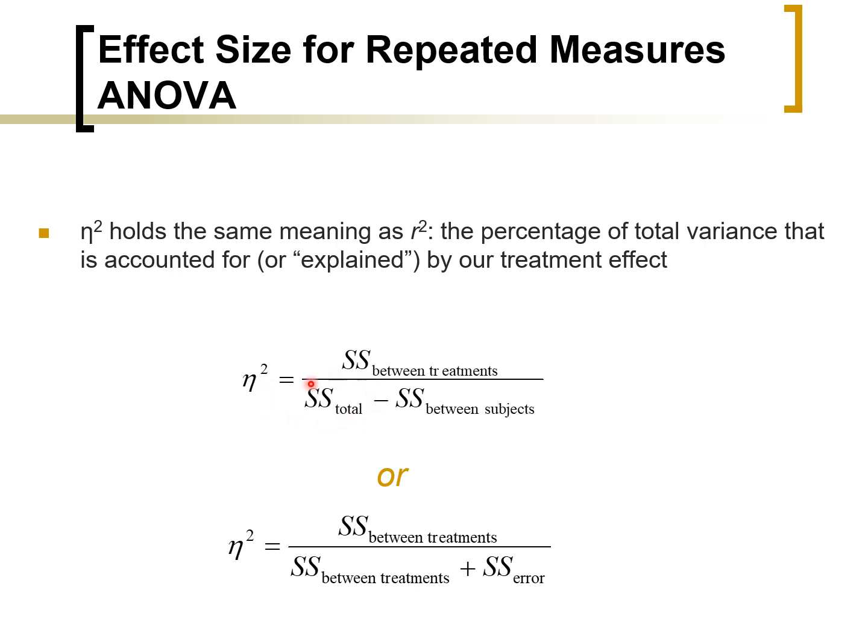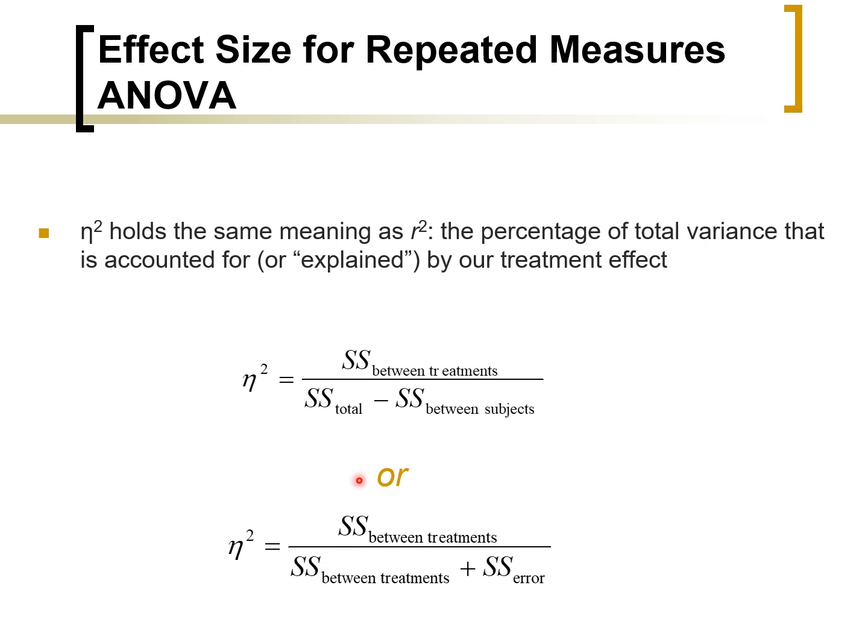And then we just take, for this first version, our total sum of squares and subtract out that between subjects, that, since it's repeated measures, we can identify as individual differences. It's not a treatment effect, but it's because of the individual difference and we understand it. So it's not part of our total variance that we care about.